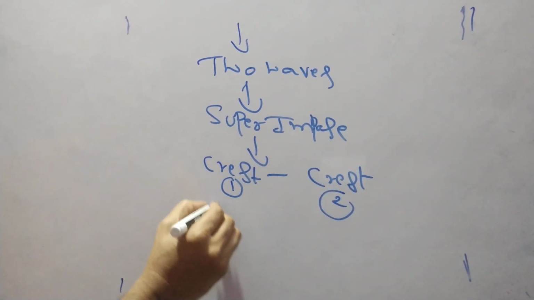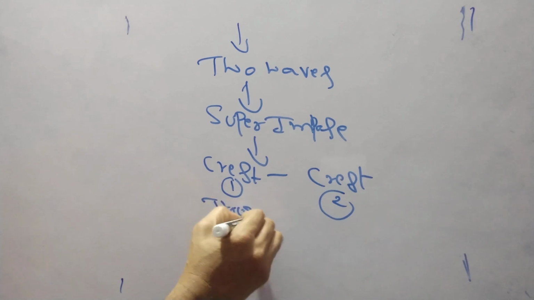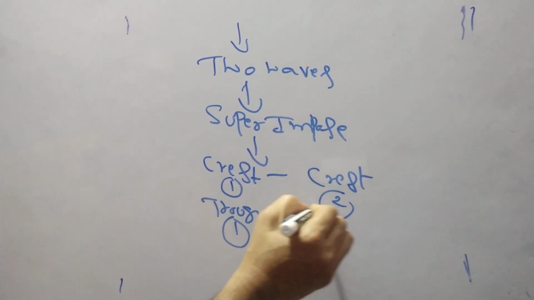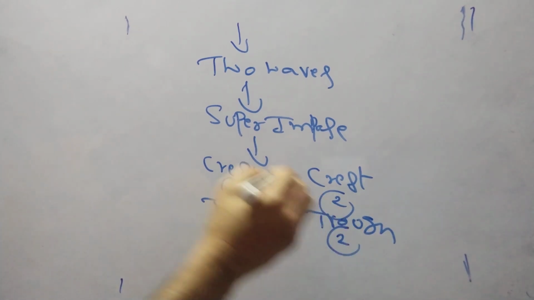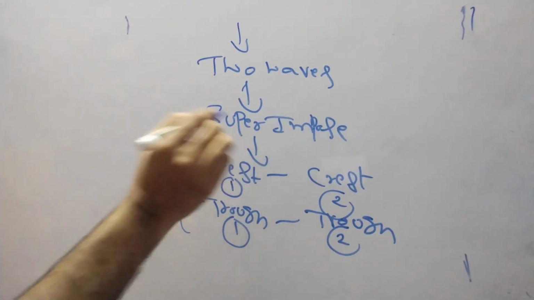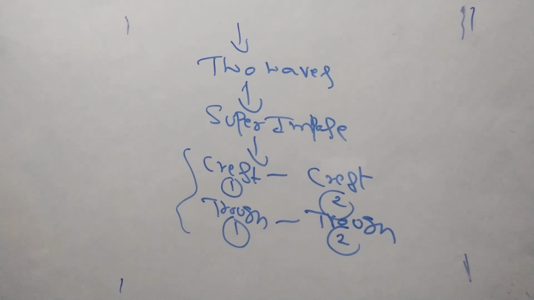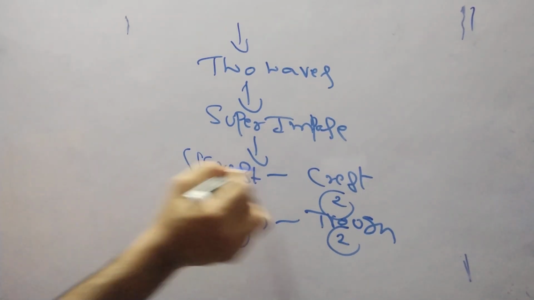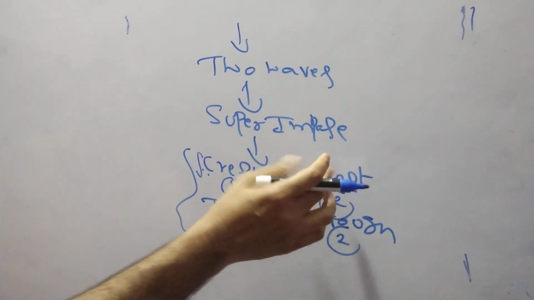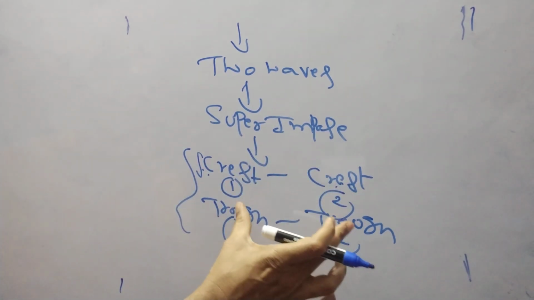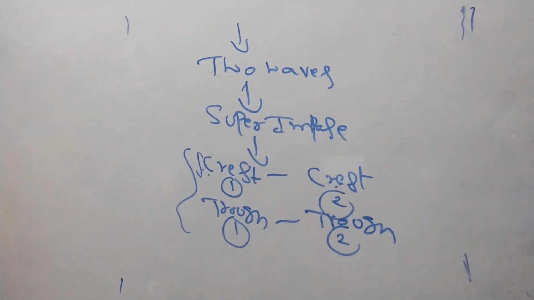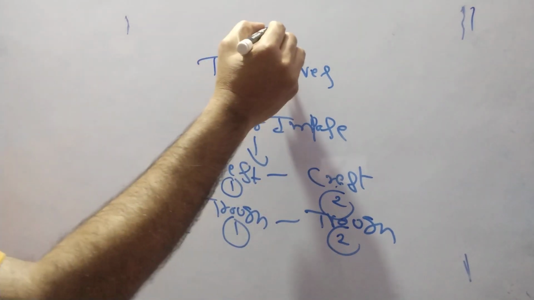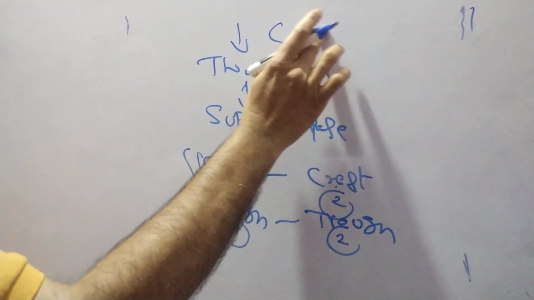This is the procedure to get constructive interference. Superimposing like this, you get a resultant wave, and that is known as constructive interference.